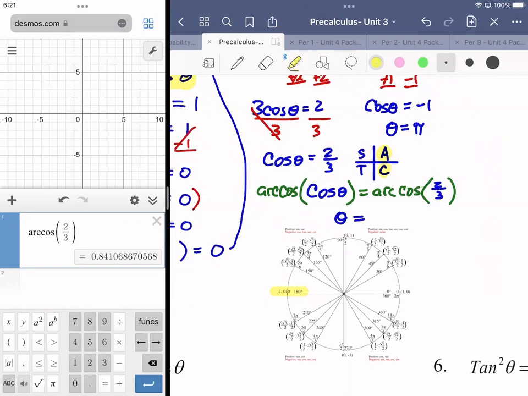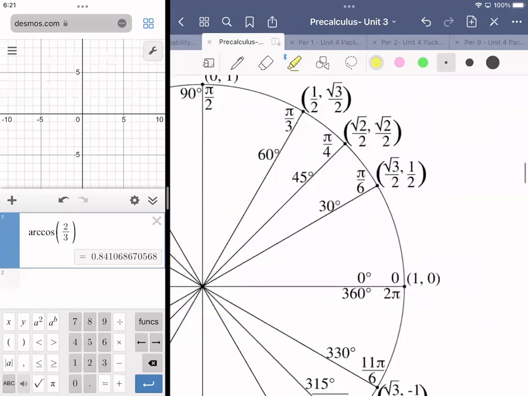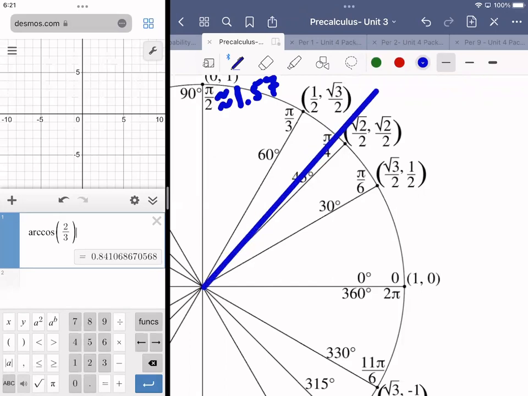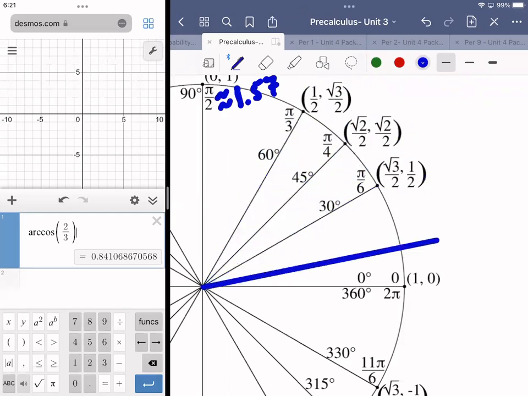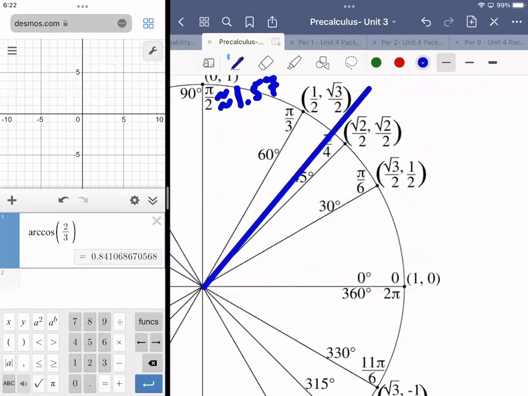The reason I know that is because 0 degrees corresponds with 0 radians. 90 degrees corresponds with pi over 2 radians, which is approximately 1.57. So we're looking at something that's roughly half that measure. I don't know precisely where it would be, but it's going to be roughly halfway between 0 and 90 degrees.